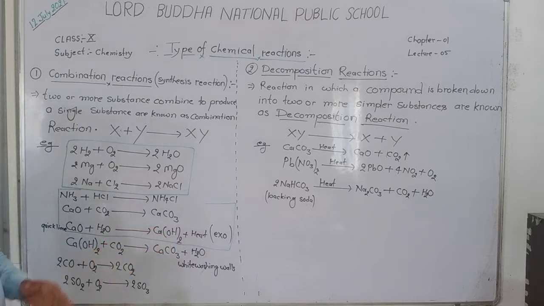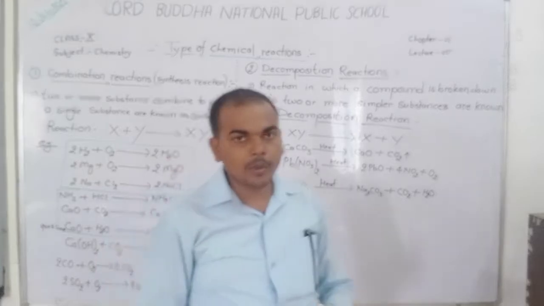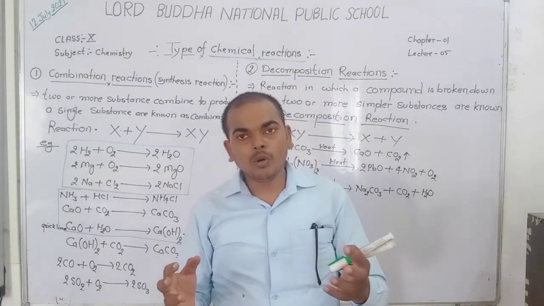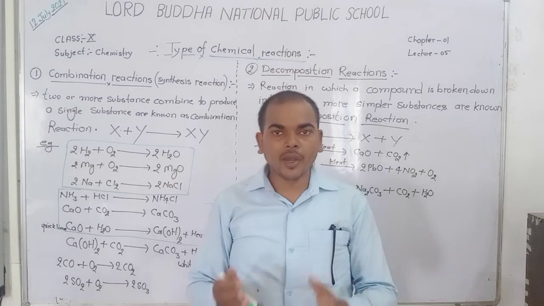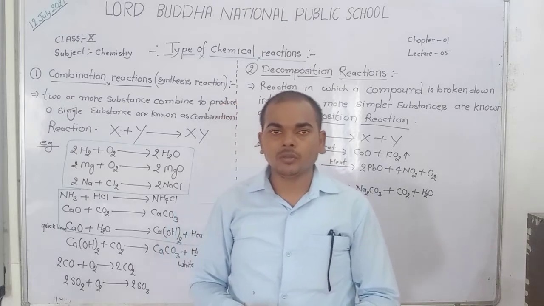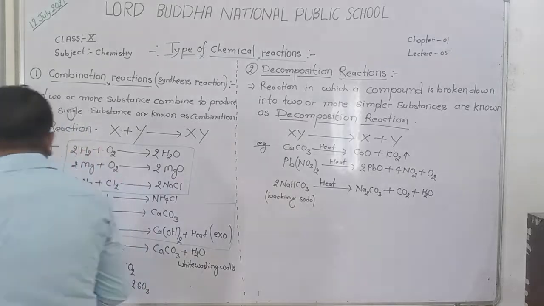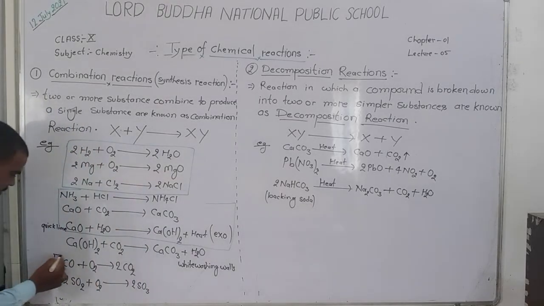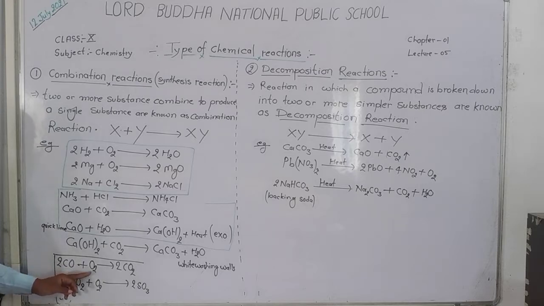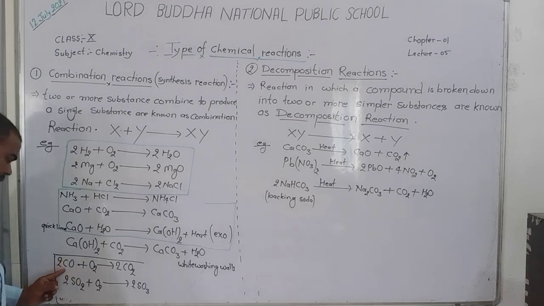That means in a combination reaction, two or more compounds can also combine with each other and form a product. Third observation: carbon monoxide is a compound, but O2 is an element. Here one compound and another element combine with each other and form a single product. SO2 compound and O2 element form a single compound.